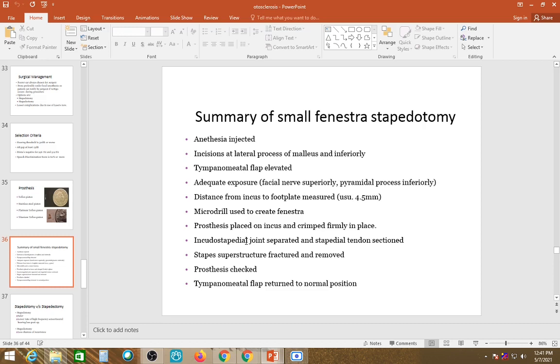This is because of the abnormal formation; it's already broken up or in a complicated form. So we take out that abnormality and replace it with the prosthesis selected by the surgeon. But if it's affecting the ossicles, do you think we will be able to hear?